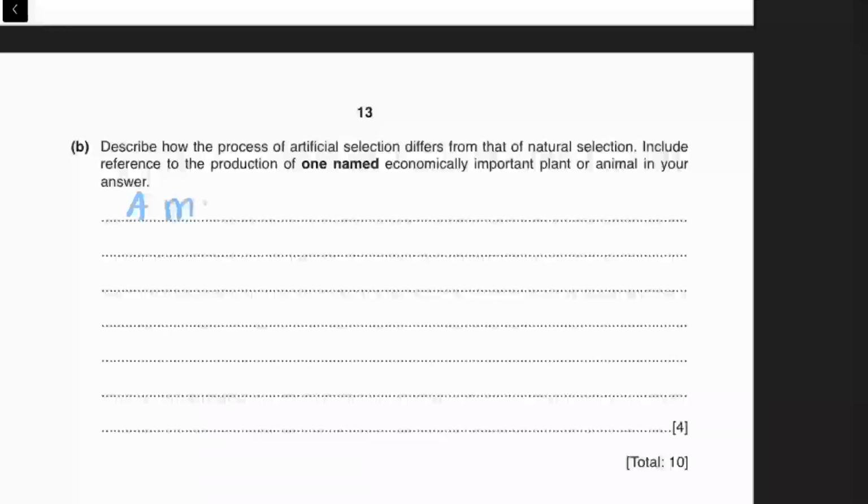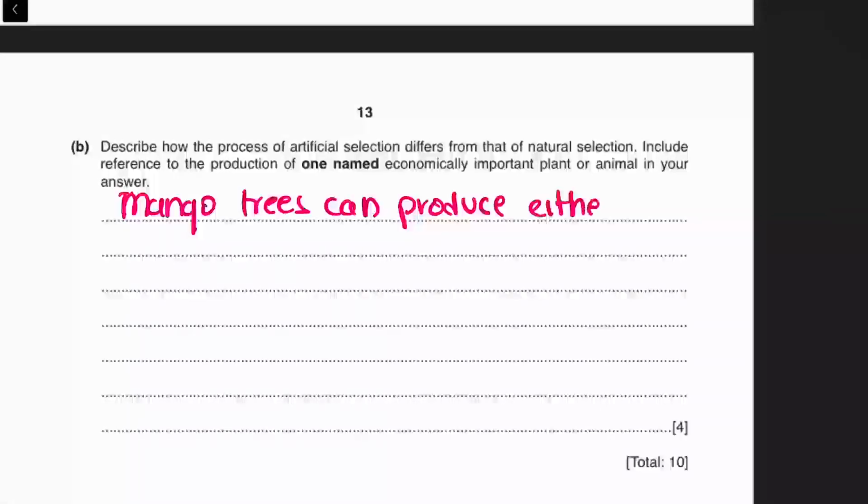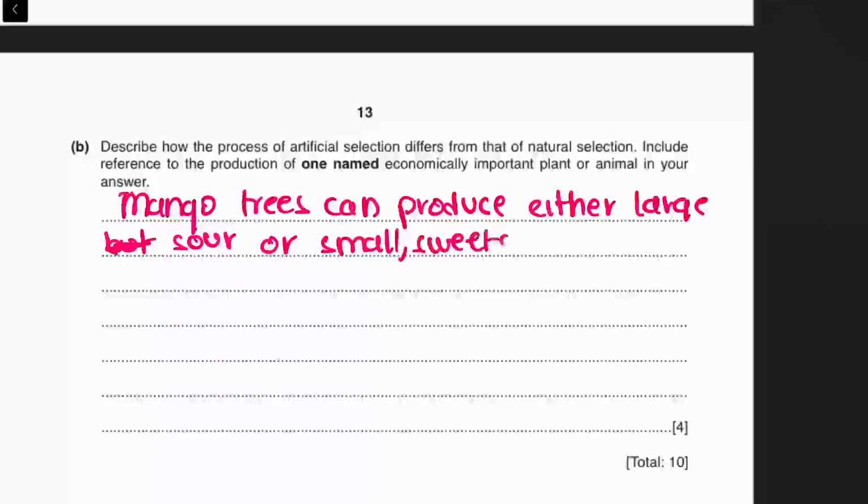A mango, wait, not mango tree. Mango trees can produce either large but sour mangoes, or small sweet ones.